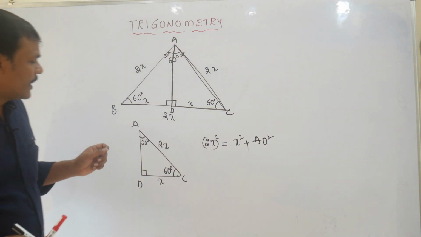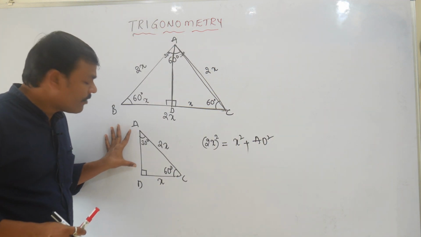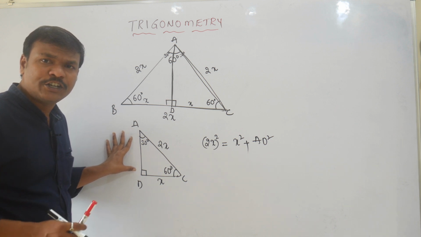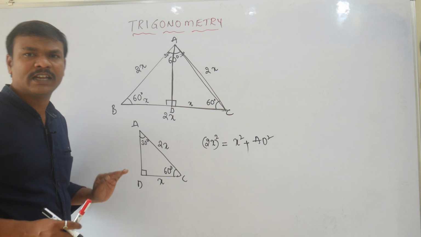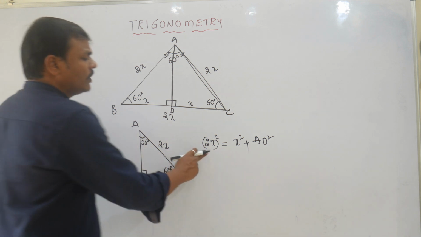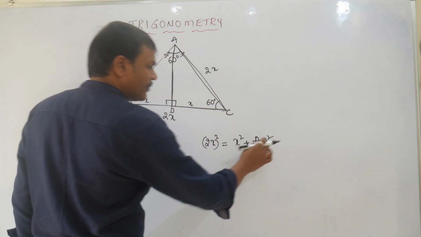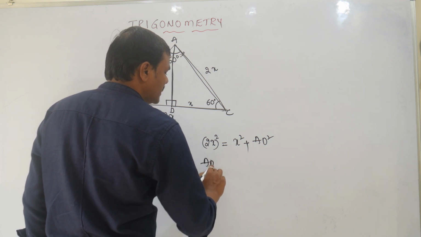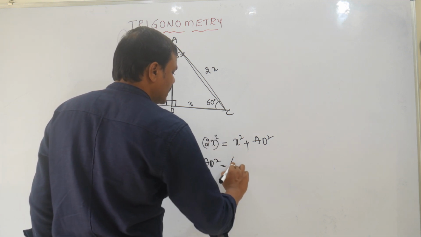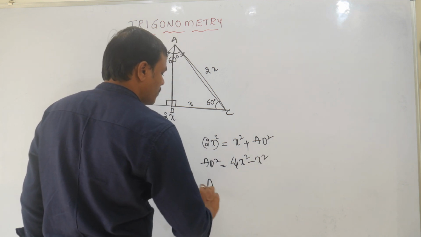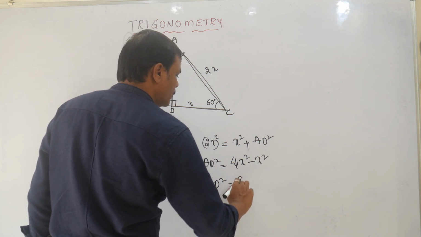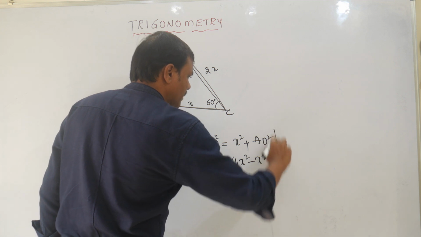So if we know AD, we can write the ratios of the sides of the right angle triangle at 30 degrees, 60 degrees and 90 degrees. So (2x) whole square is equal to x square plus AD square. AD square is equal to (2x) whole square, which is 4x square, minus x square. Then AD square is equal to 3x square.